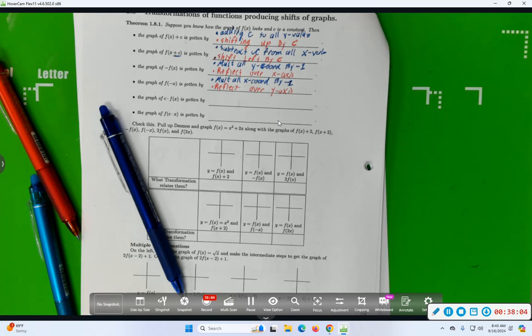And let's first try to just intuitively make sense. So this rule says I want to take the original output values and multiply them by c. Output values are like y values. So I want to take the y values and multiply them by c. That sounds like a stretch. Let's see if it works out.